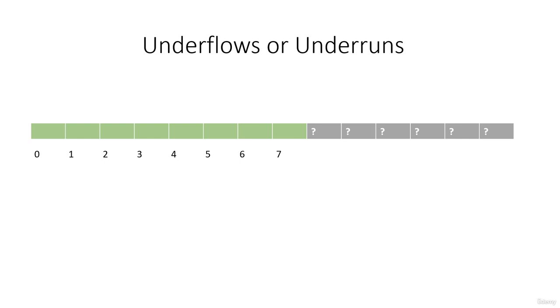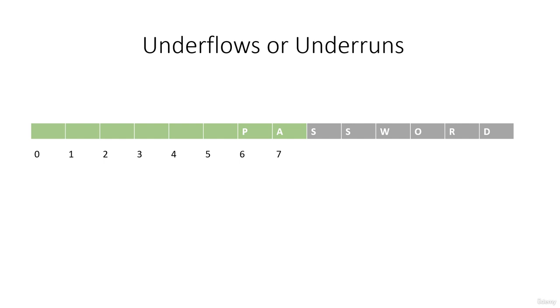Common buffer overflows and overruns exceed the memory boundary at the end of the buffer. A related condition exceeds the memory boundary at the beginning of the buffer. This is known as a buffer underflow or buffer underrun. It may seem strange to fill a buffer with data starting from the end and proceeding backward to the beginning, or filling from the bottom of the buffer to the top, depending on your view.